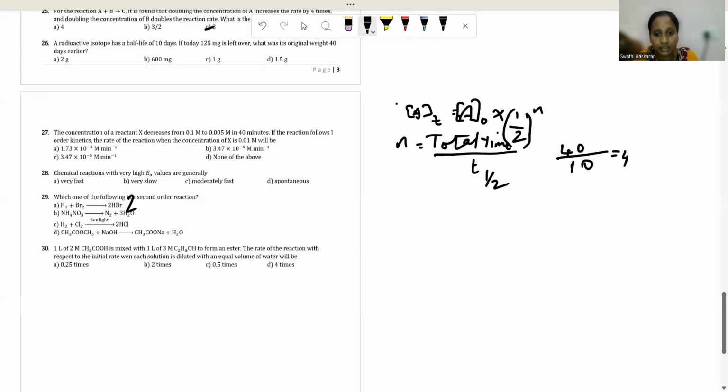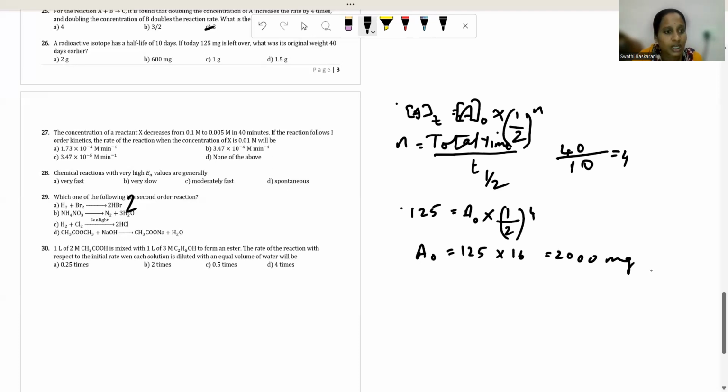So A t, that is after 10 days, 125 mg is left, which is equal to A naught, which you are supposed to calculate, into 1 by 2 raised to the power 4. Raised to the power 4 means how much will it come? A naught is equal to 125 into 16, which is nothing but 2000 mg.